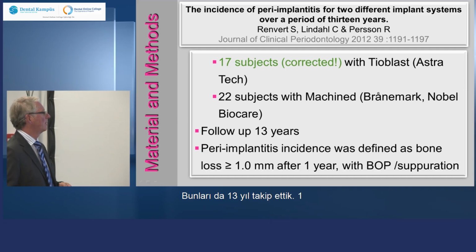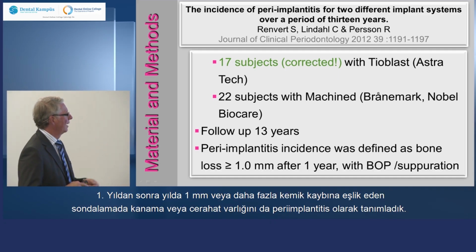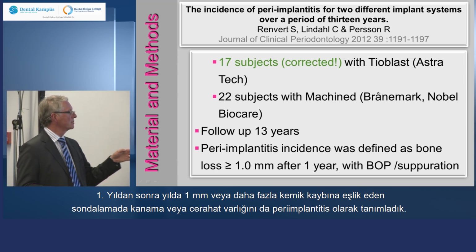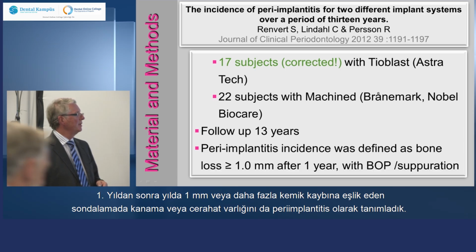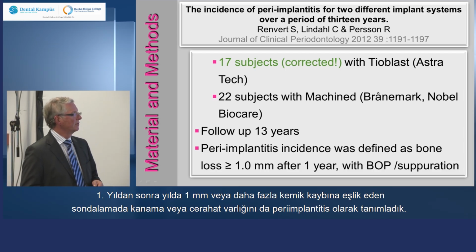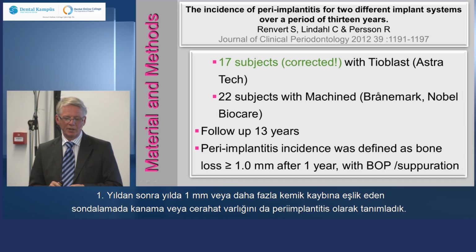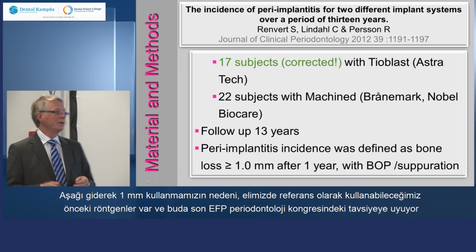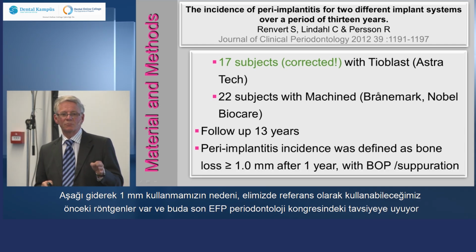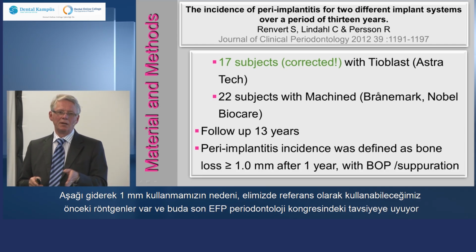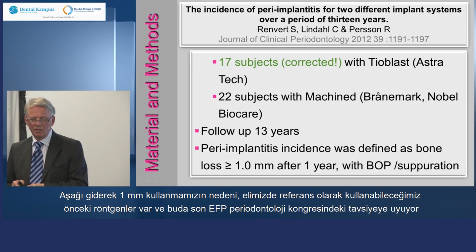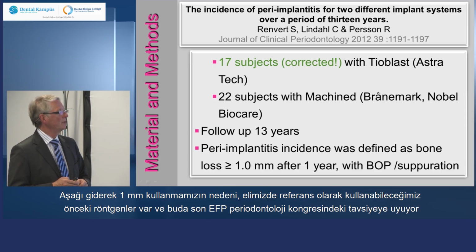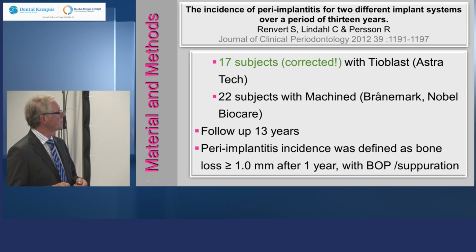We have a follow-up of 13 years, and we defined periimplantitis as bone loss more or equal to 1 millimeter after first year with bleeding on probing or suppuration. And the reason for going down and using 1 millimeter is that we now have a previous radiograph to relate to, and this is now following the recommendation from the last workshop of periodontology in the EFP.